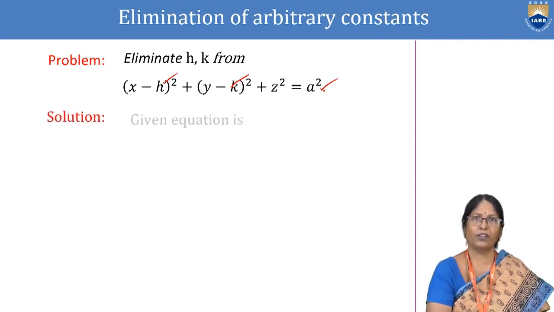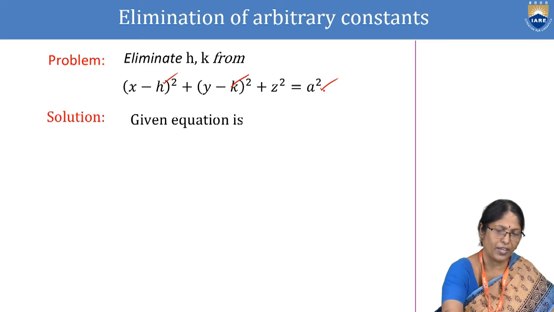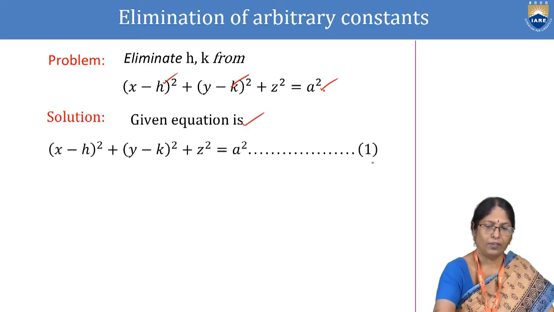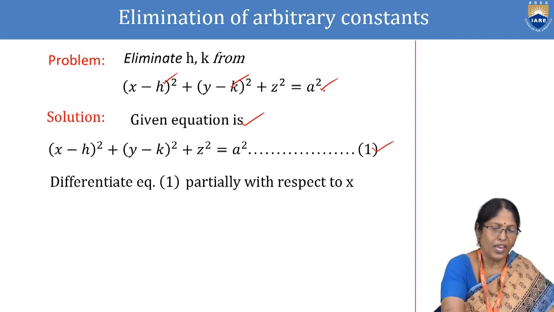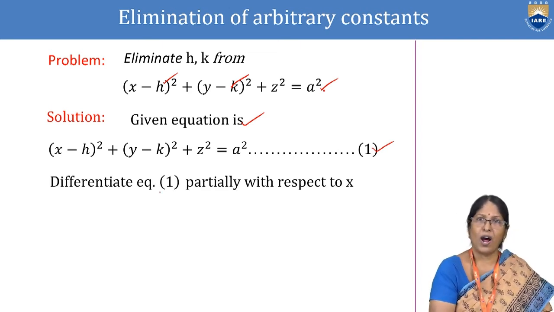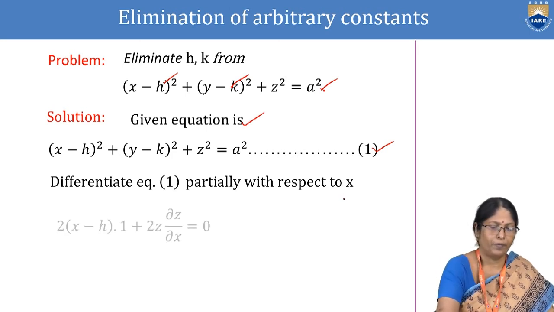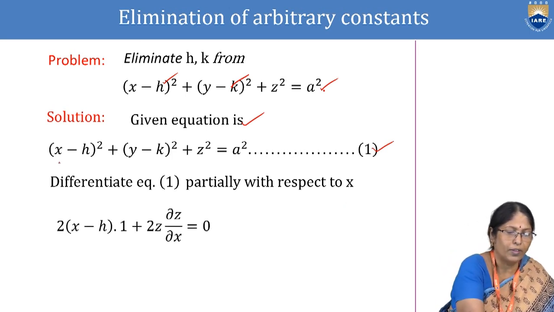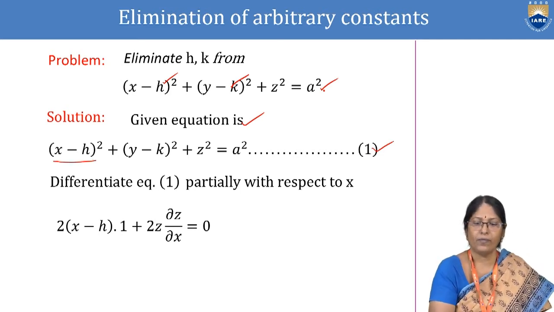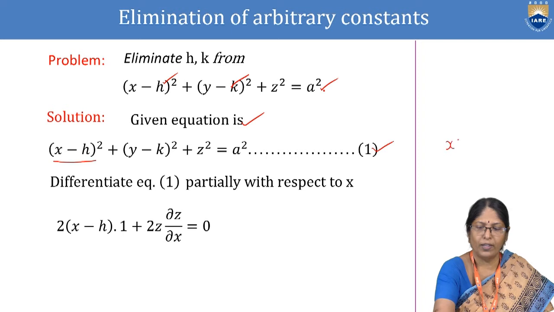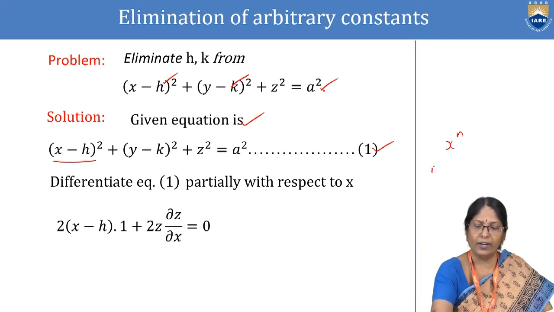We will do it. So the given equation, we are naming as 1. Equation 1, we want to differentiate partially with respect to x. So here, x minus h the whole square. We know the formula: x power n means n x power n minus 1.